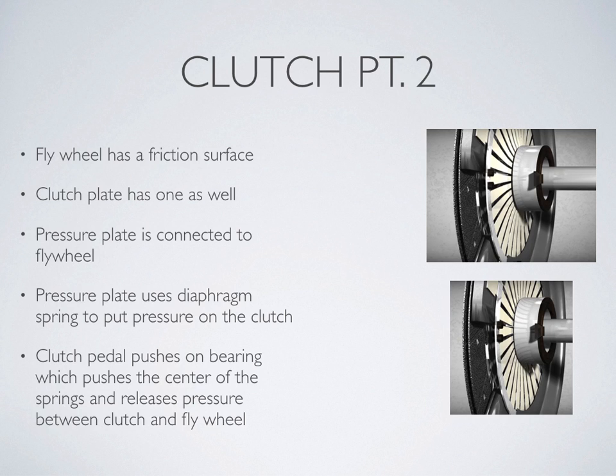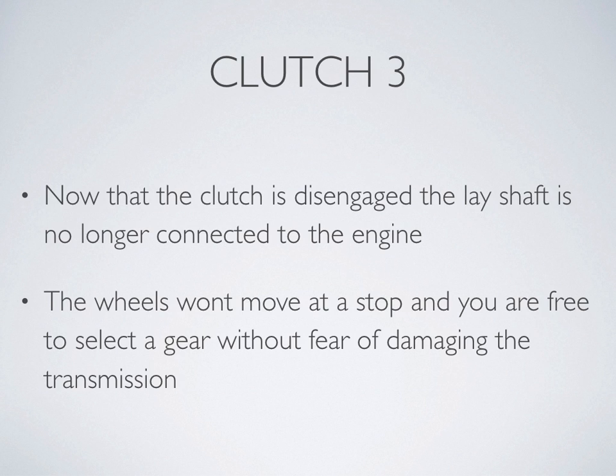When you press the clutch pedal, or when an automatic engages the throw-out bearing into the diaphragm spring, it pushes the center down, the ends come out, and relieves all the pressure on the clutch plate and the flywheel, so they are no longer connected. And that is how you disconnect the lay shaft from the engine.